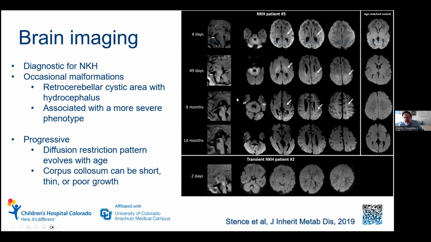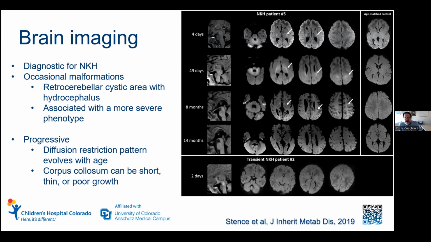Certainly, one of the things that the group was hoping for was that there could be some characteristic MRI finding that would help determine a more severe or mild phenotype, as MRIs are something that we can get pretty quickly. This is another nice paper that showed the progression of MRI findings over time.